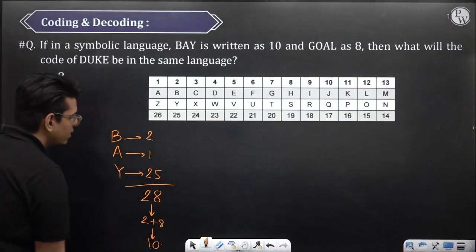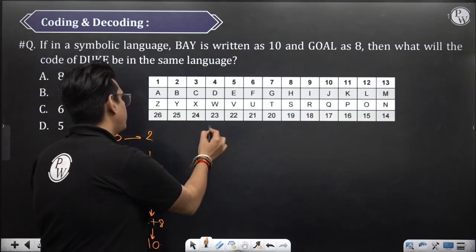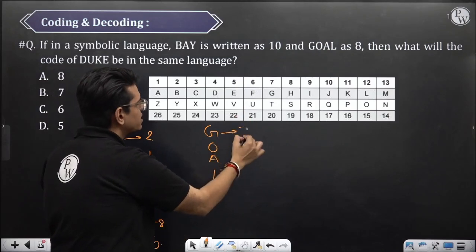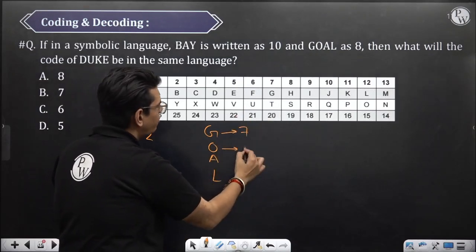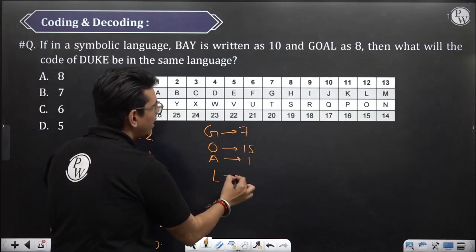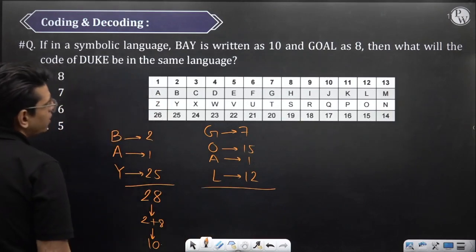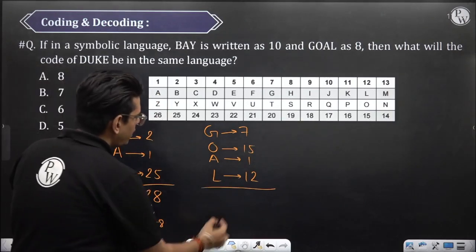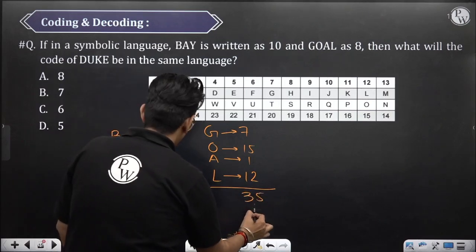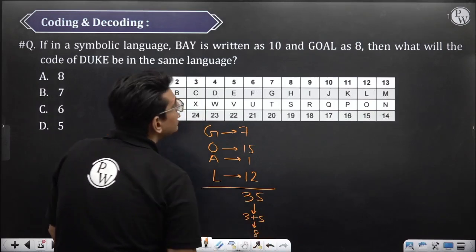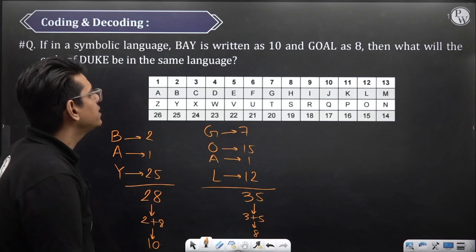Let's check another pattern also. GOAL is written as 8. G is 7, O is 15, A is 1 and L is 12. The sum is 35, right? The sum of the digits, 3 plus 5, is 8. So this is our pattern.